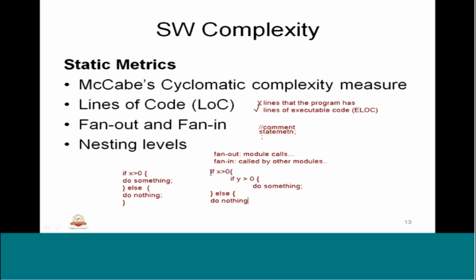Now we have gone one level deep. Next is done when x is greater than 0, else do nothing. So this has a nesting level of 1. The other nesting level is more than 1. Here in this case it is 2 because we have more edges. That is why it's more than 1. We'll try to understand that more in the next slide.